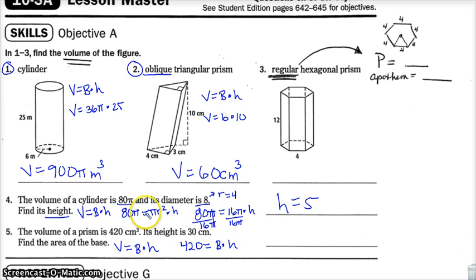We simply need to solve for the base. Whoops, I didn't fill in the height. All right, my height was 30. So now I simply divide both sides by 30, and I'm left with the area of the base. This should be 140.